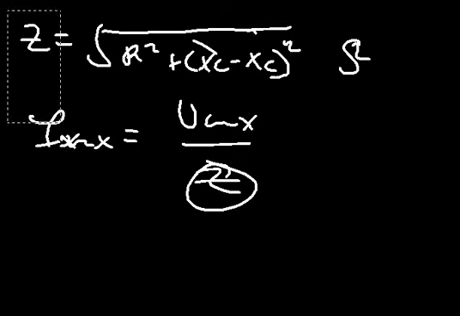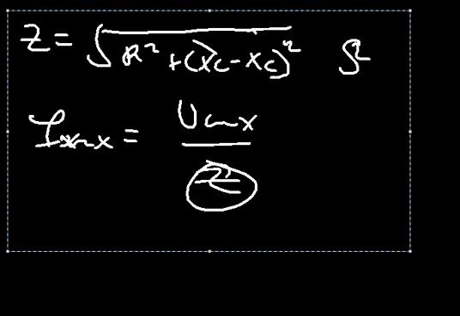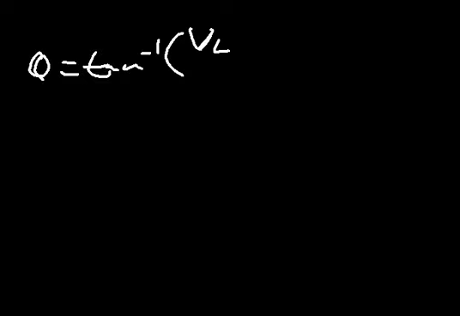And now, how about the phase angle? The phase angle theta is equal to tan inverse of VL, the voltage across the inductance, minus VC, the voltage across the capacitance, divided by VR, the voltage across the resistance.